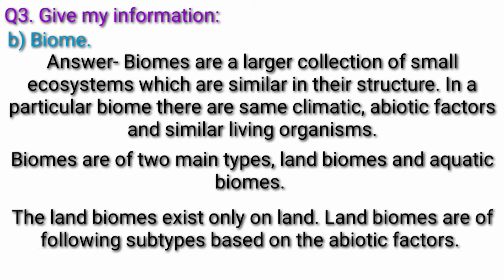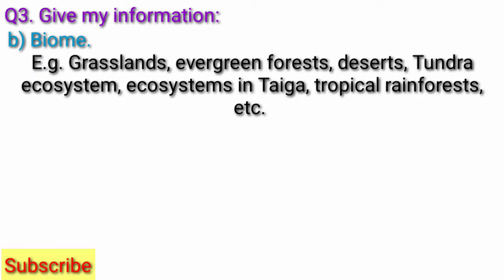The land biomes exist only on land. Land biomes are of following subtypes based on the abiotic factors. Example: grasslands, evergreen forests, deserts, tundra ecosystem, ecosystems in taiga, tropical rainforests, etc.